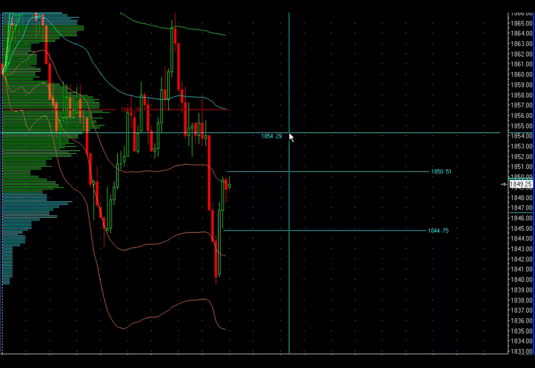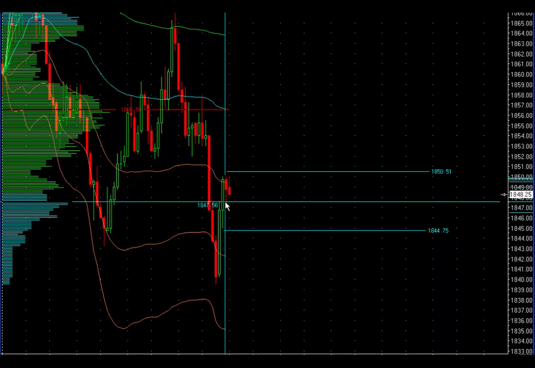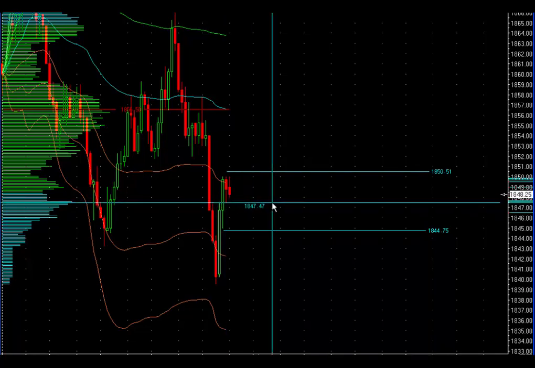Close but no cigar on that uptick. Looks like the high of that down bar is not to be exceeded.